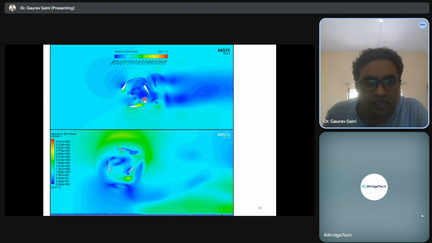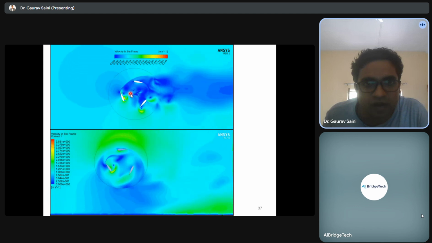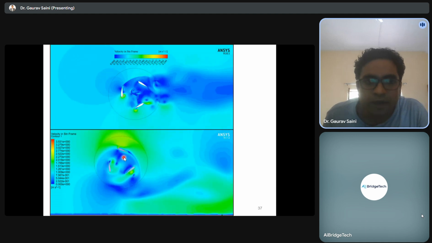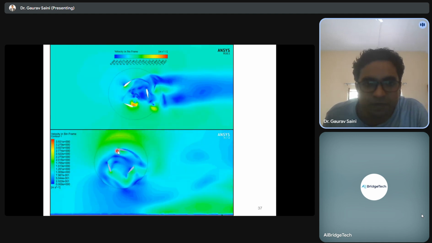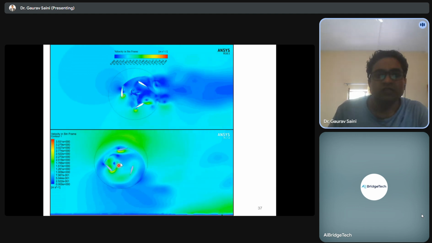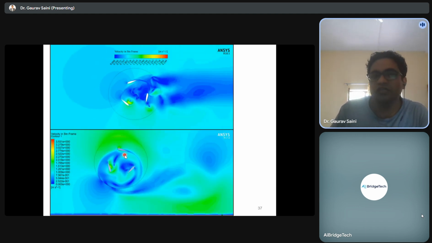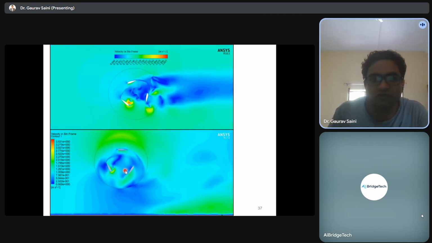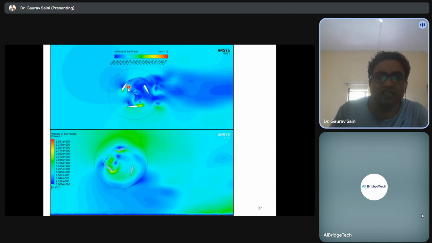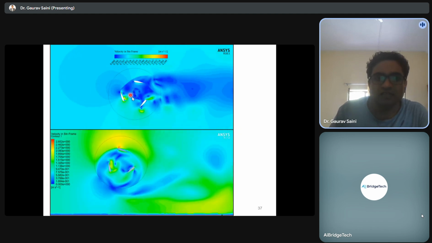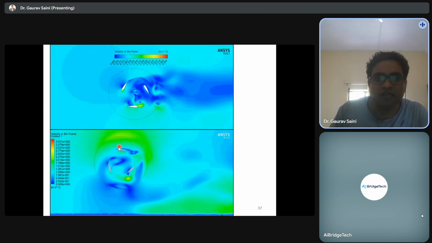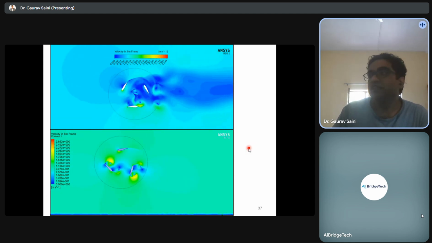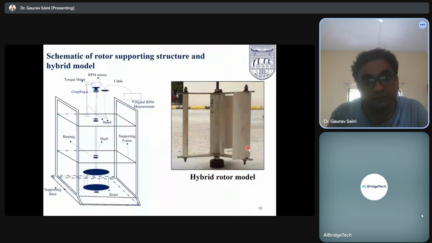So we have removed this Savonius part, and we have attempted to create the same kind of force system by having the Darrieus blades with variable pitch. This variable pitch can help us generate the maximum drag force even at the low flow velocity of the water. So in this case we have removed the Savonius part, and we have utilized these variable pitch blades to accommodate the water flow at low flow velocity.